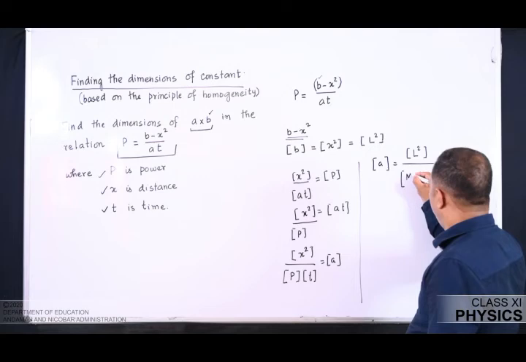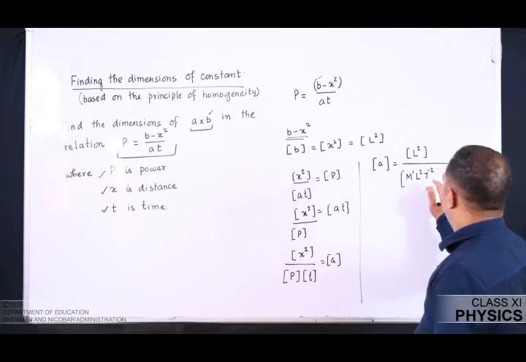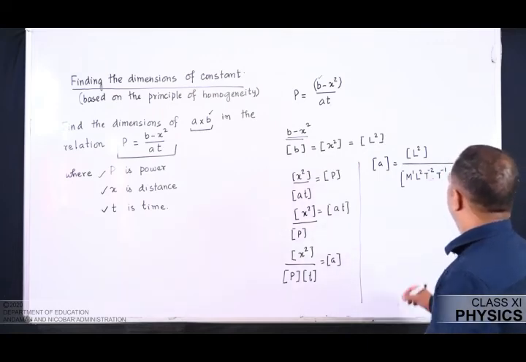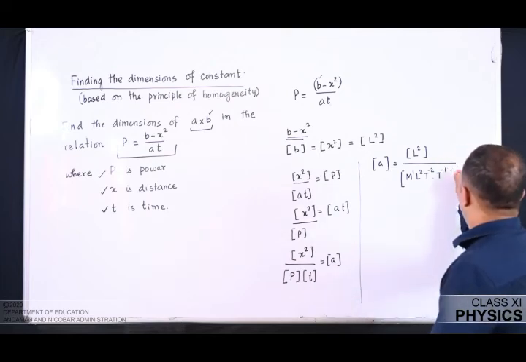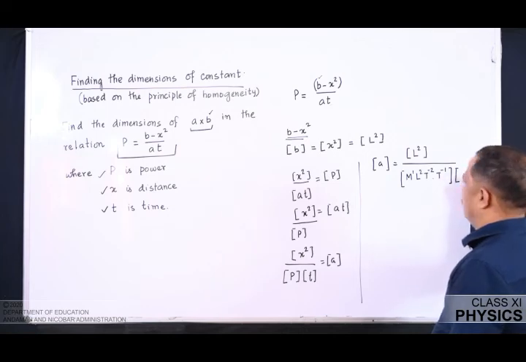So, it is m power 1, L power 2, T power minus 2, times T power minus 1. Work by time is power, and the dimension of t is once again time.